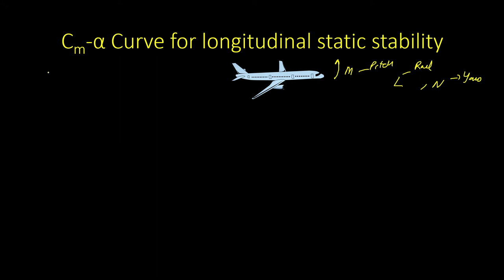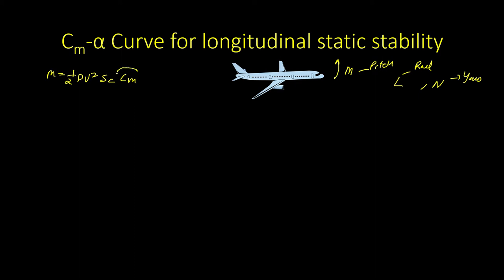Now the pitching moment M is equal to half rho V square S C into Cm, where rho is the density, V is the airspeed, S is the wing area, and C is the mean aerodynamic chord, and Cm is the coefficient of pitching moment.